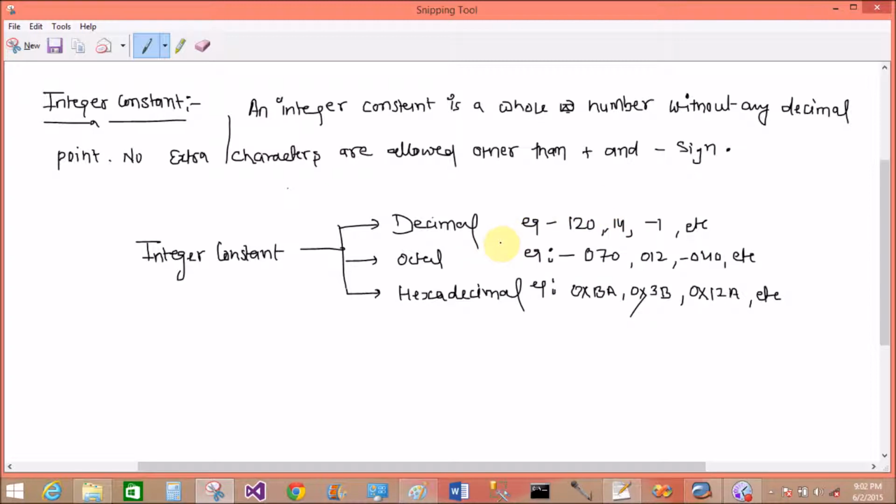Decimal means 0 to 9 digits only. So 120, 14, minus 1 are in 0 to 9. In octal, digits are 0 to 7, so 070, 012, 040 are in 0 to 7 digits, known as octal constants.